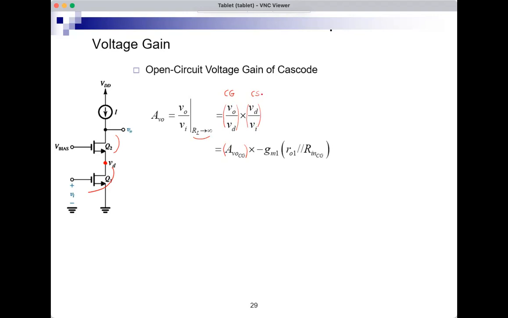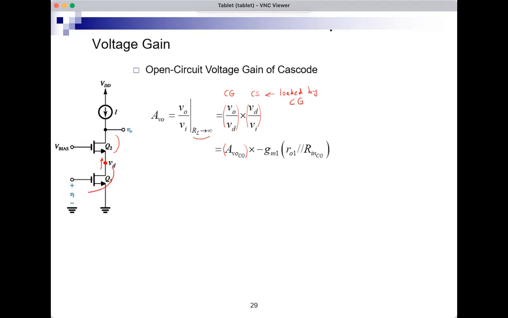But the common source stage is loaded by the common gate. The output of the common source here is going to the input of the common gate. So there is the input resistance of the common gate, which is now loading the output of the common source.